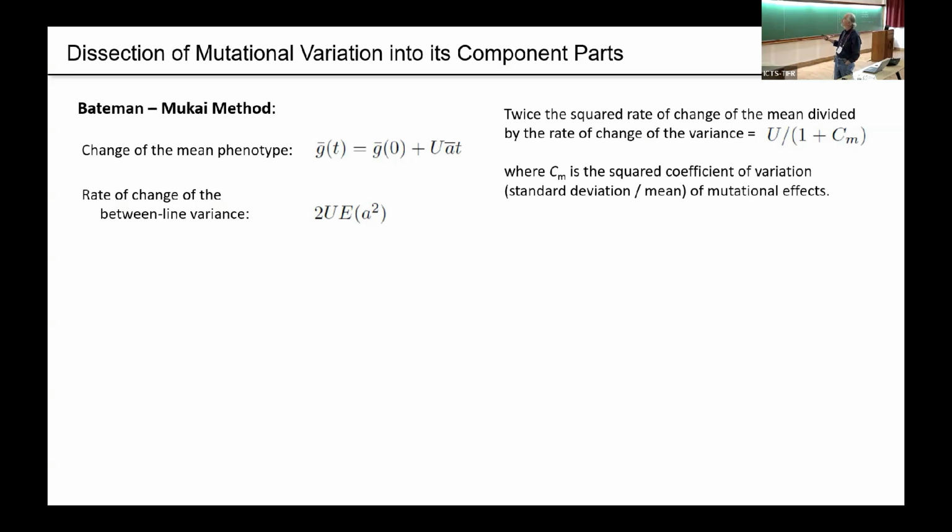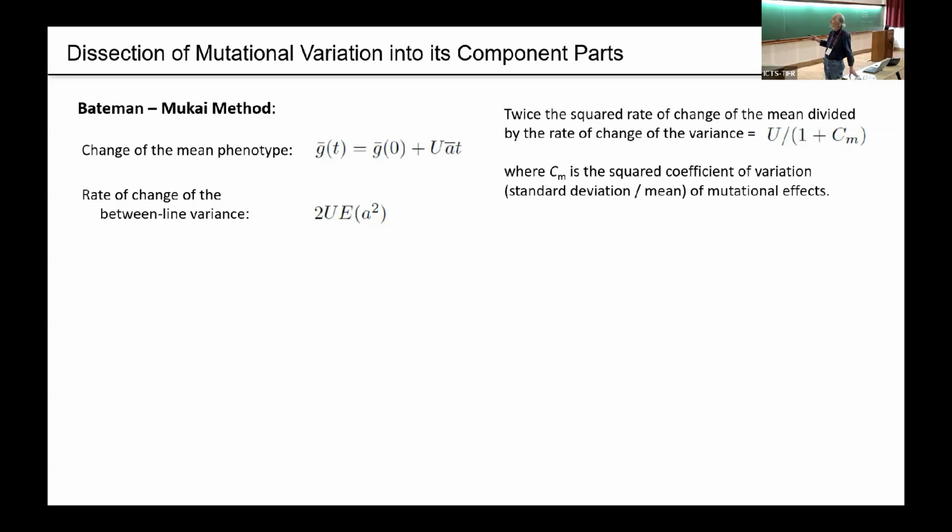That's 1 plus the squared coefficient of variation of mutational effects. If all your mutations had exactly the same effect, this would be 0, and this would be a great estimator of the mutation rate. But we all agree there's variance in mutational effects at the phenotypic level.